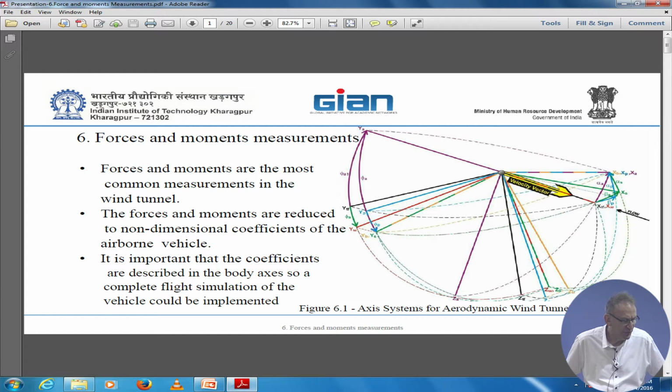You mean two-part balance? The integral balance is our strain gauge balance. Floating frame balance will be there, sir, with no interaction. That is the floating. I don't have any hands-on experience on that. I wouldn't like to.